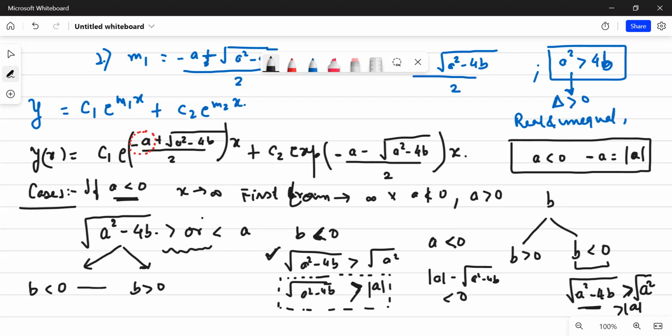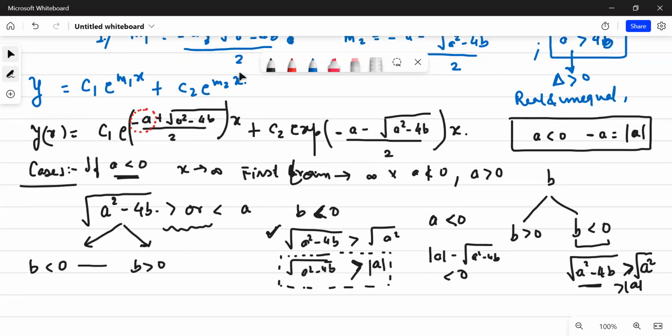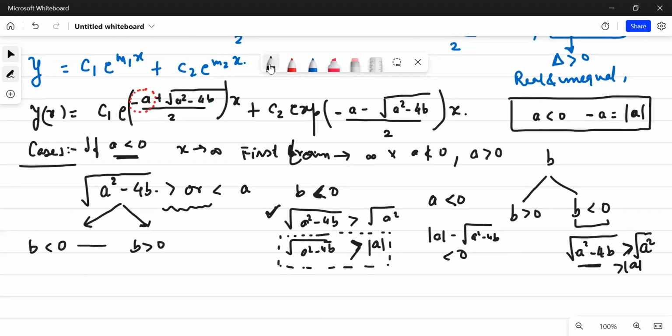It implies if a is less than 0 and b is less than 0, the first term goes towards infinity and the second term goes towards 0. Why? Because this whole term is negative, and if this whole term is negative, then tending to infinity, this whole term would become 0. Is that clear or not? Or should I repeat it?